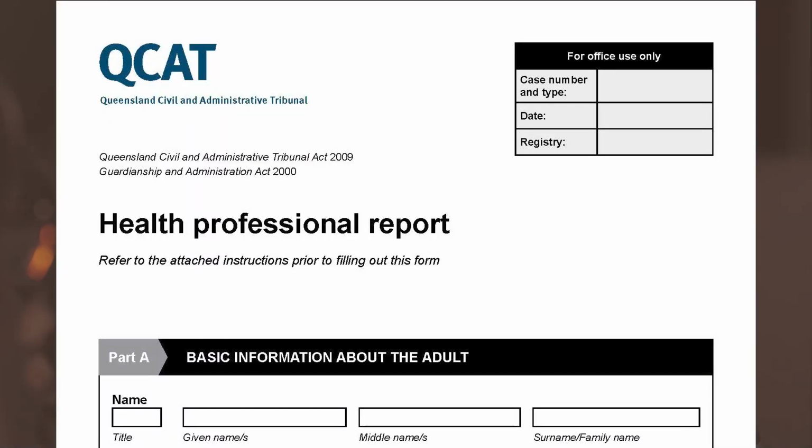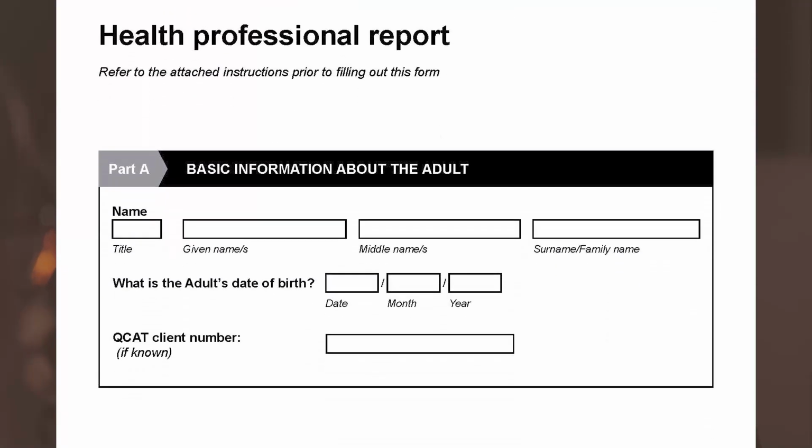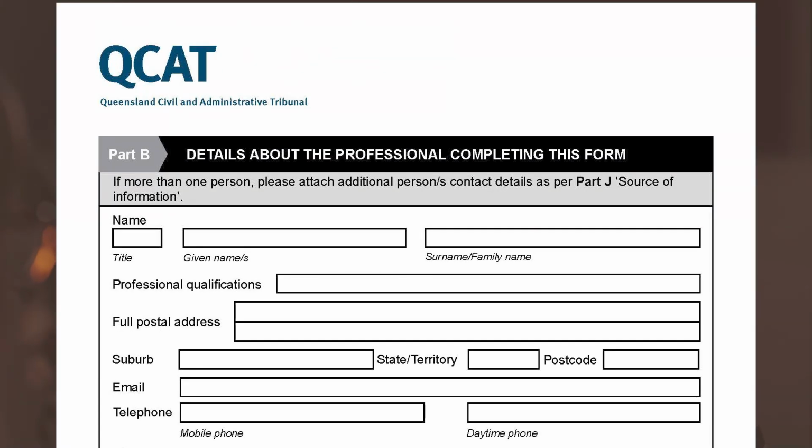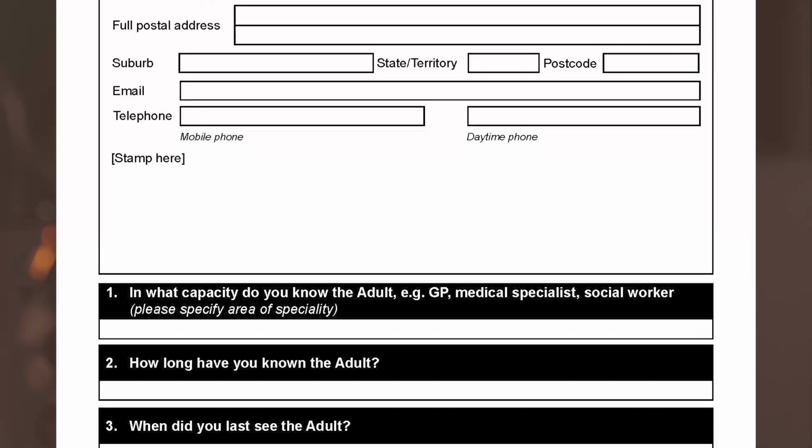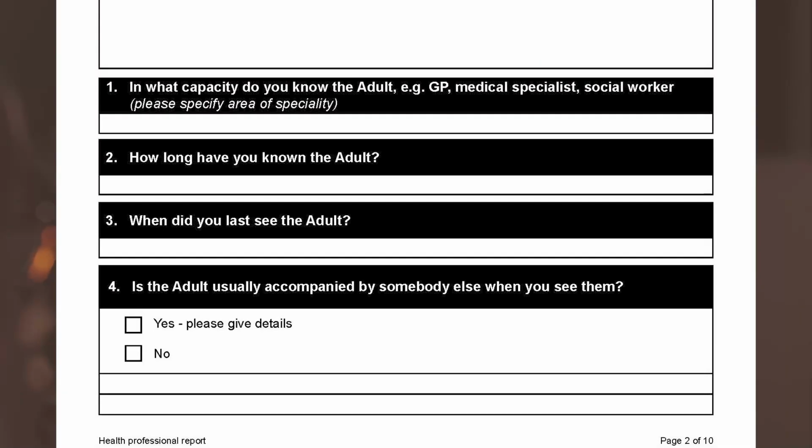So the first part, Part A, is basic information. B is your details as a health professional and how you've known the person, how you usually see them interact with them. Is there a support person that's usually involved?